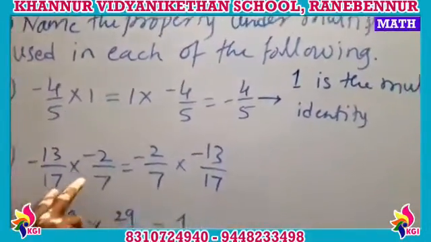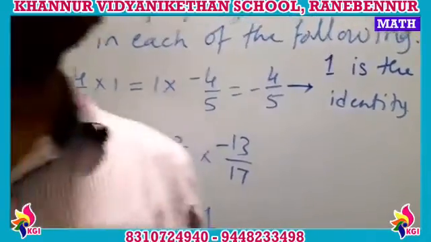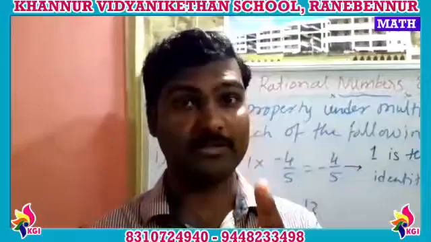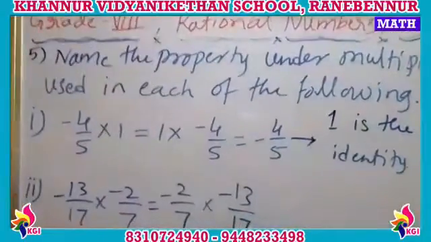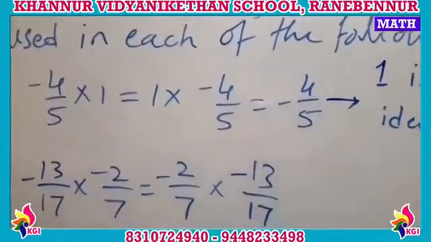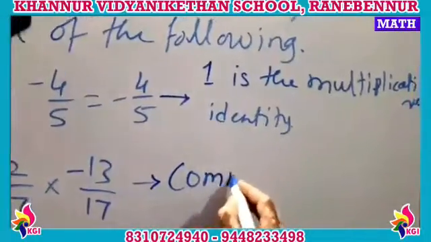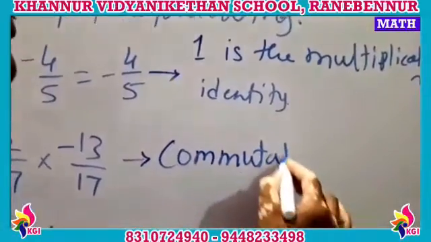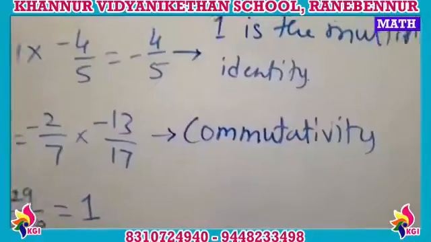It means a into b is equal to b into a. Remember, I have taught you many more properties like this. It is a commutative property, correct? It holds good as commutativity. Is it clear, children?